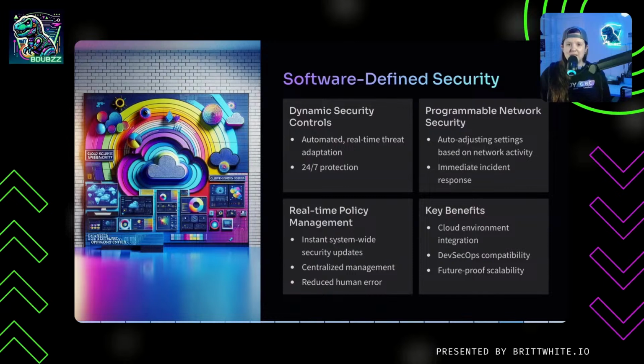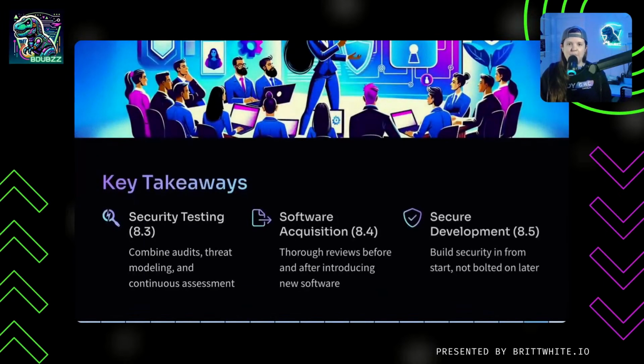All right, let's wrap up today's session by highlighting our three main takeaways. First, for Objective 8.3 on security testing, we need a comprehensive approach. No single method will suffice. We must combine regular audits, detailed threat modeling, and continuous assessment to make sure that our security controls are working effectively.